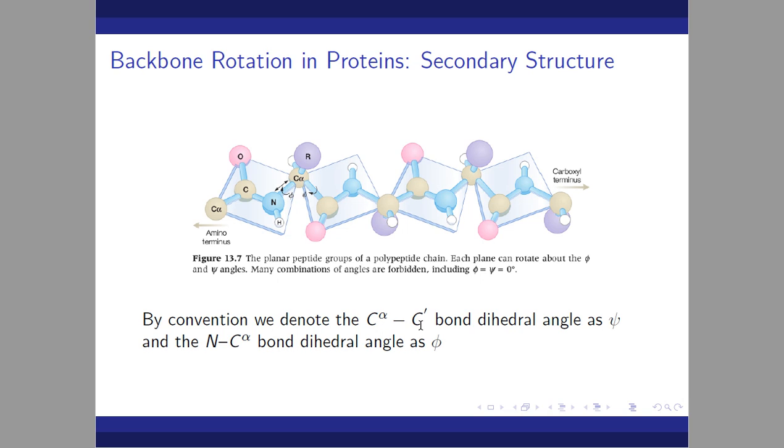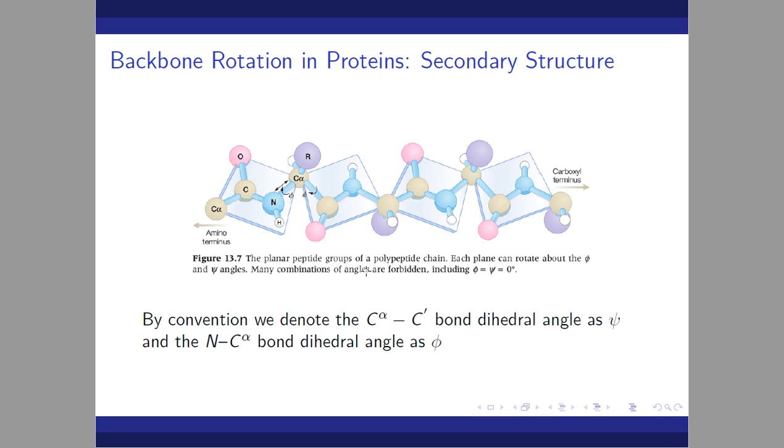The C alpha to C prime bond has dihedral angle psi, and the N to C alpha bond has dihedral angle phi.